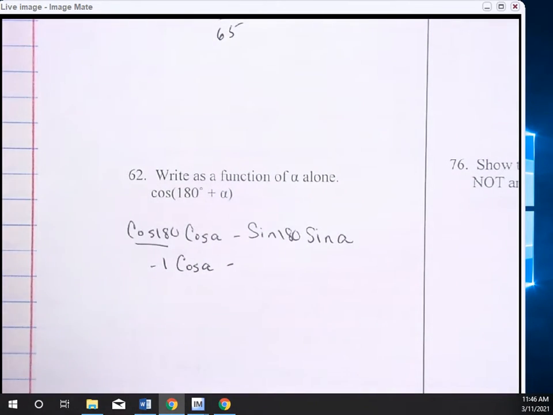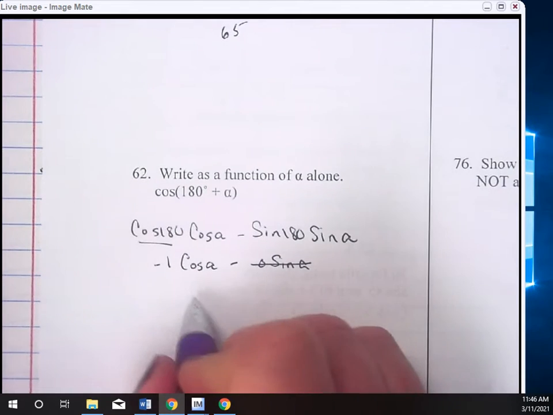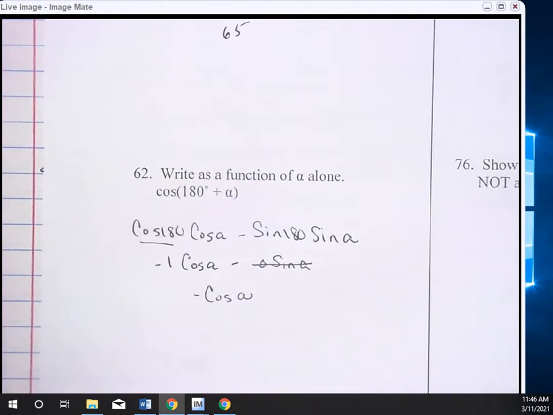What is the sine of 180 degrees? 0 times anything is 0. That whole thing goes away. Negative cosine alpha. Any questions? Are we good? Till you have to do it on your own.